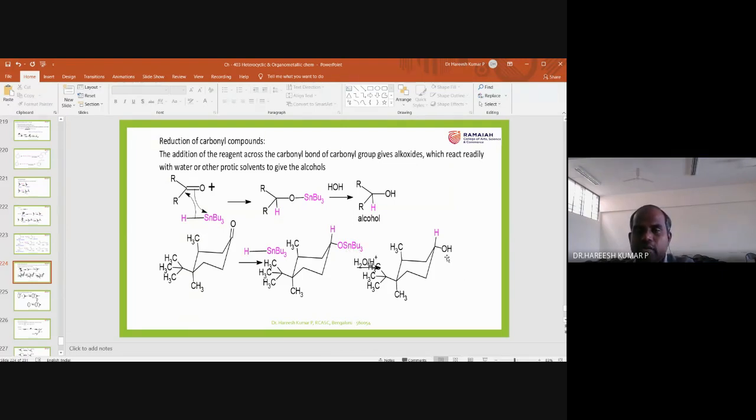So that is how equatorial hydroxy is obtained. So this is about conformational cyclohexanone when it is treated with tributyl tin. So with this, I will go to the next slide.